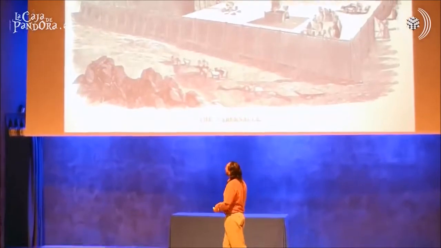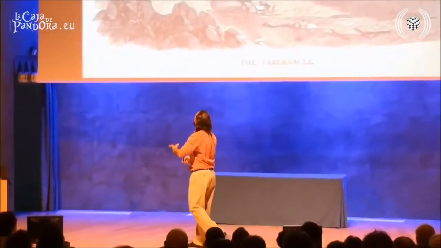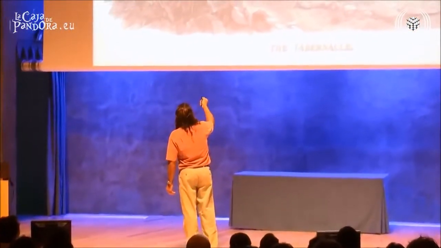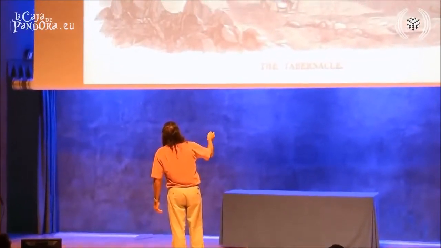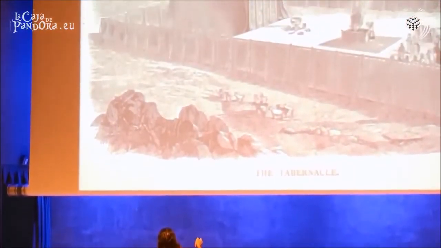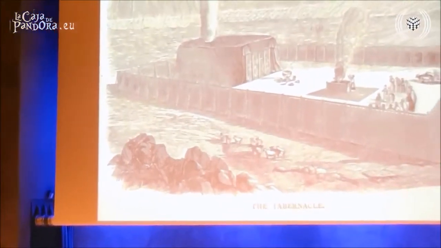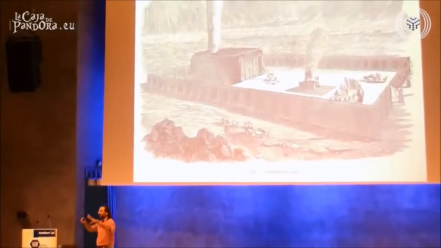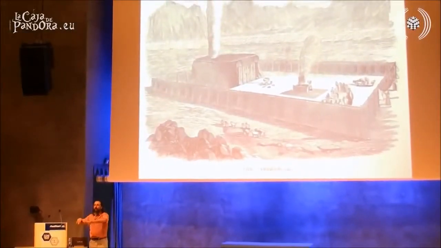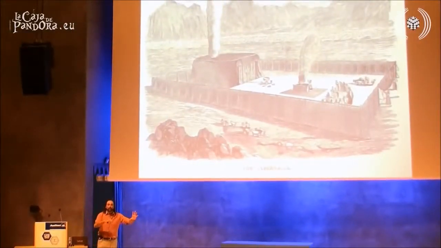For the singularity to occur, it would produce a vortex in space-time, and this is exactly what they describe. This is what they call the tabernacle, where they would put the ark while they were going through the desert for 40 years.